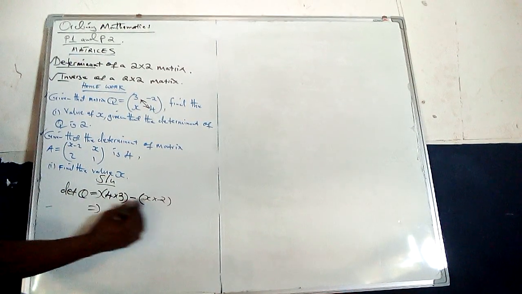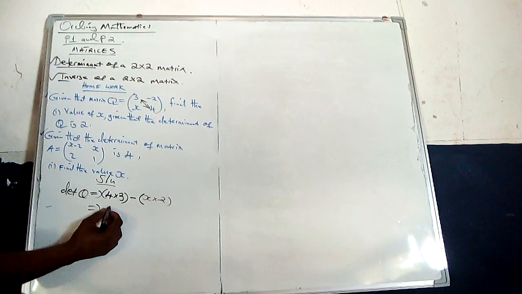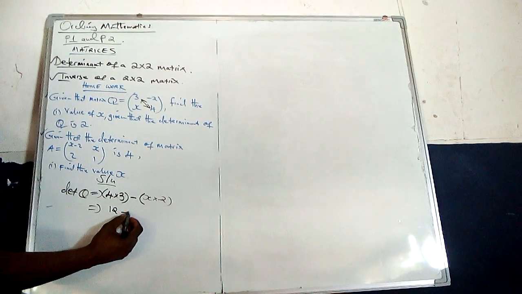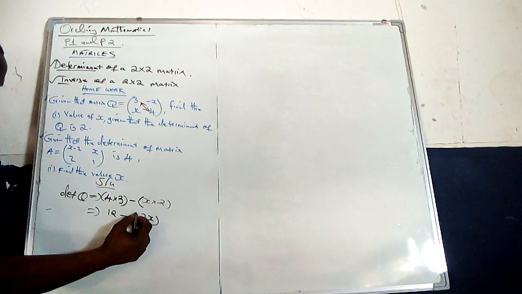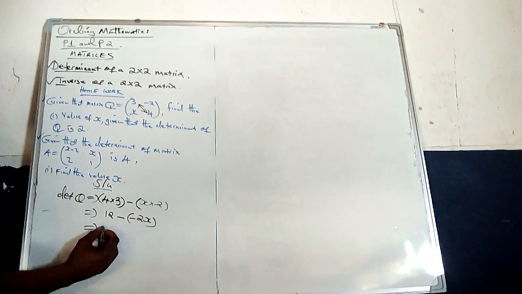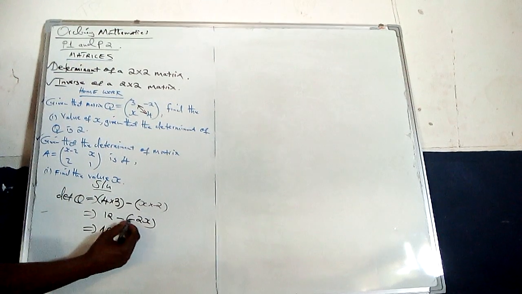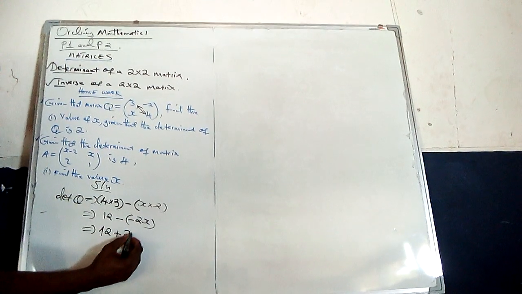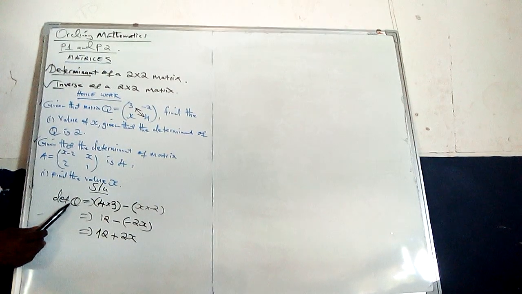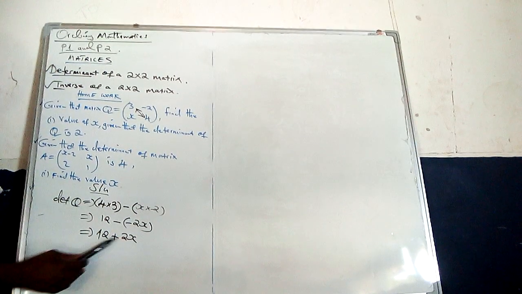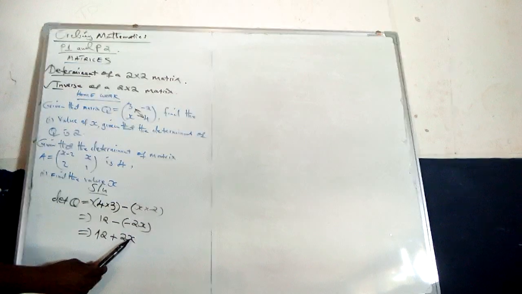Once that is done, we simplify this. 4 by 3, that's a 12. X times minus 2, that's minus 2x. We simplify further. We're going to have 12 minus, that is plus 2x. Therefore, the determinant of matrix Q as an expression is 12 plus 2x.